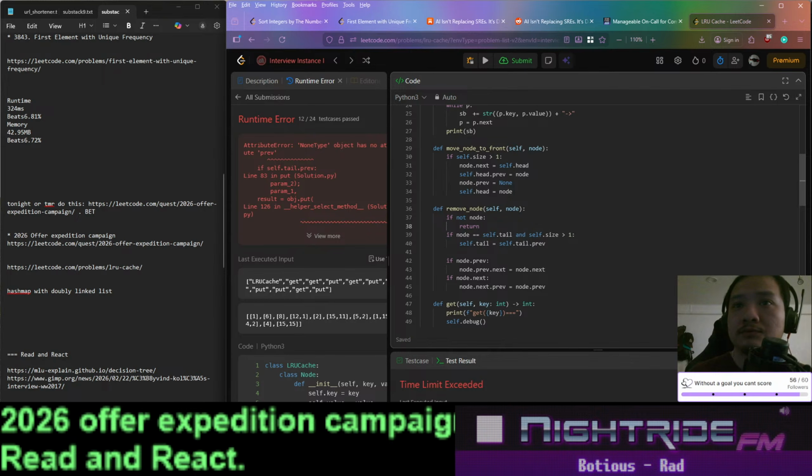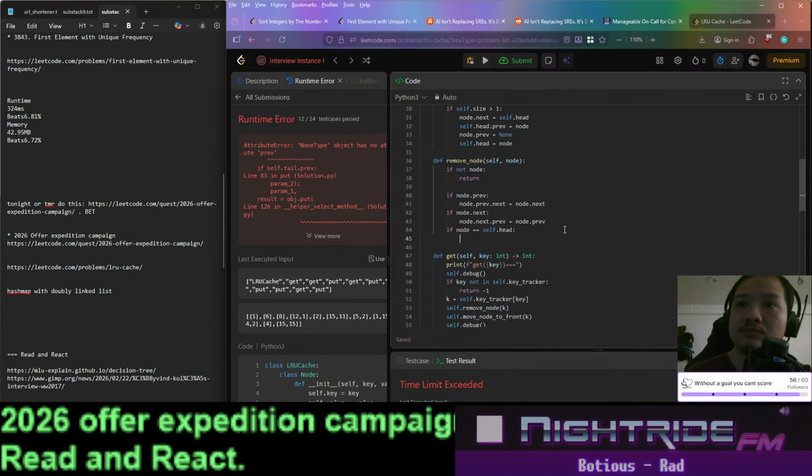And we have to solve the situation when the node that we're removing is your head. Right. If the node is the head, then we need to fix the head.